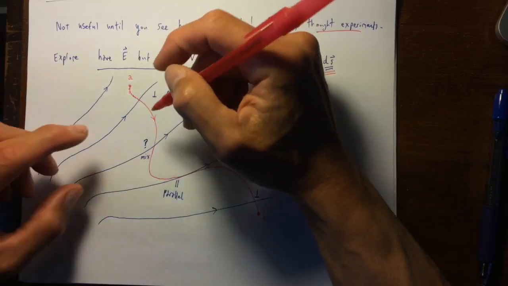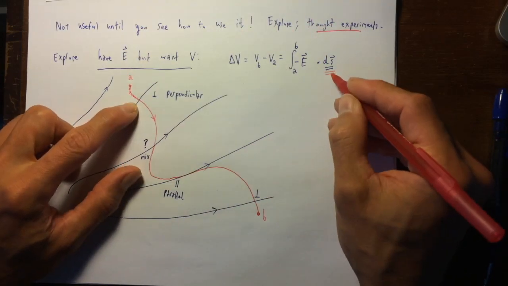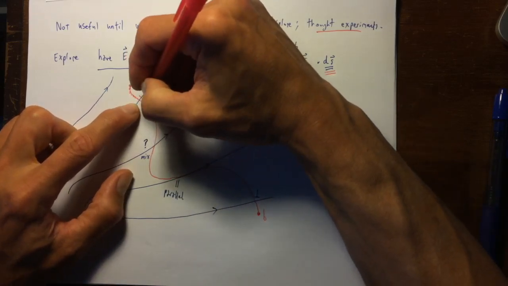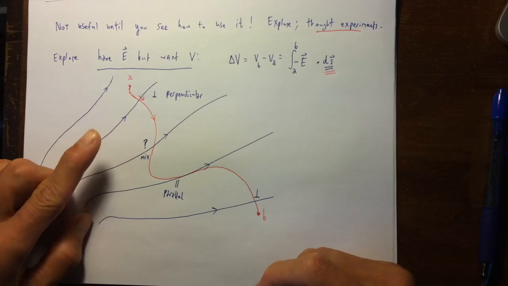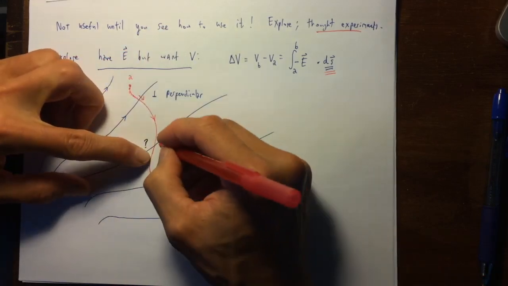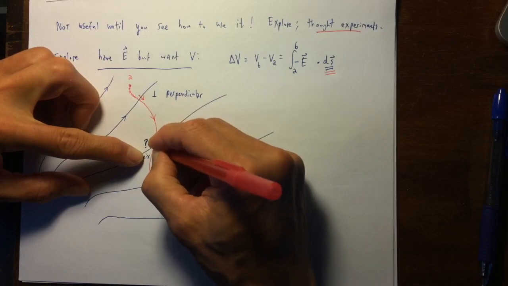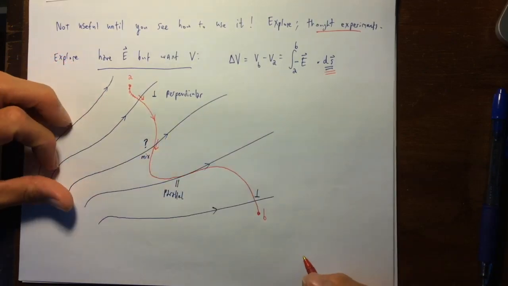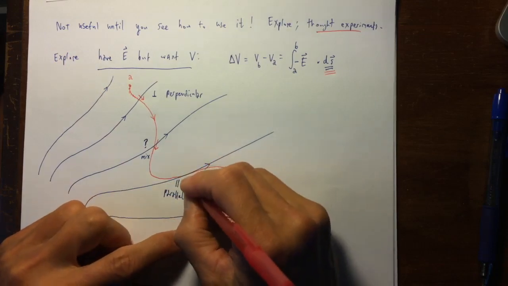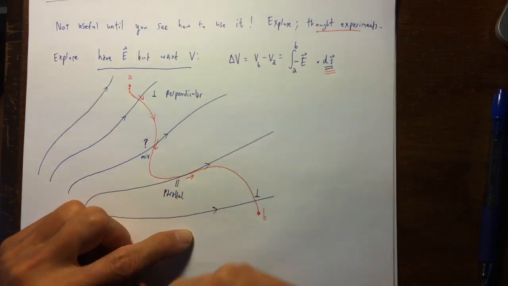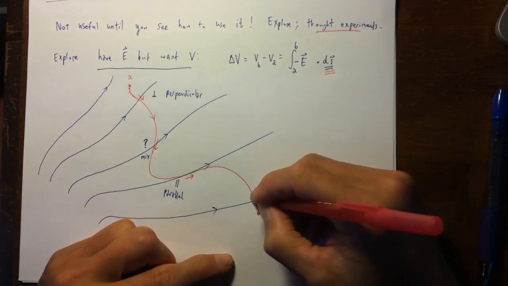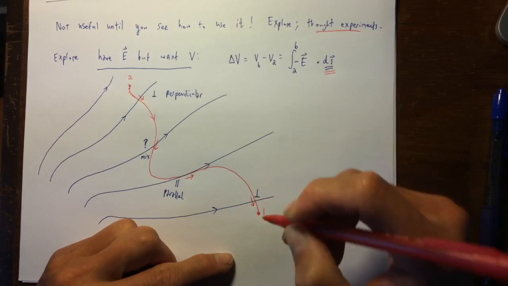And at some point, the ds vector that we're looking at when we are here is a little ds vector that points that way, which is crossing the field line perpendicular. Right here, the little ds vector is along the path. Right here, the little ds vector is actually parallel to the field line. And again, the ds vector down here is perpendicular.